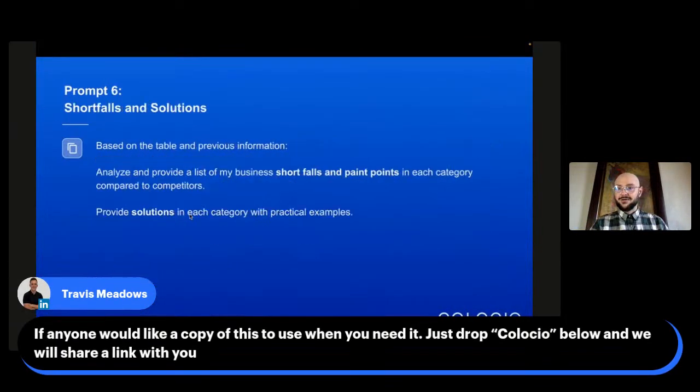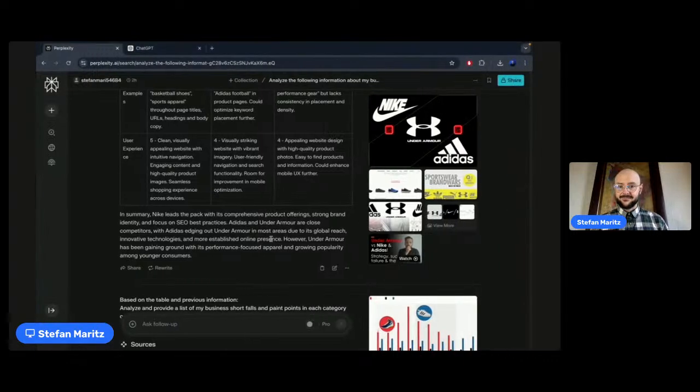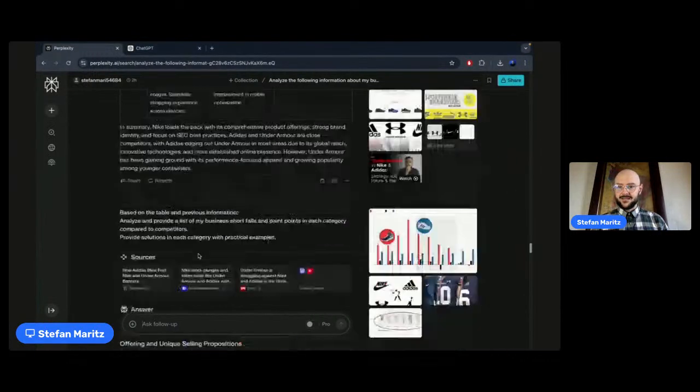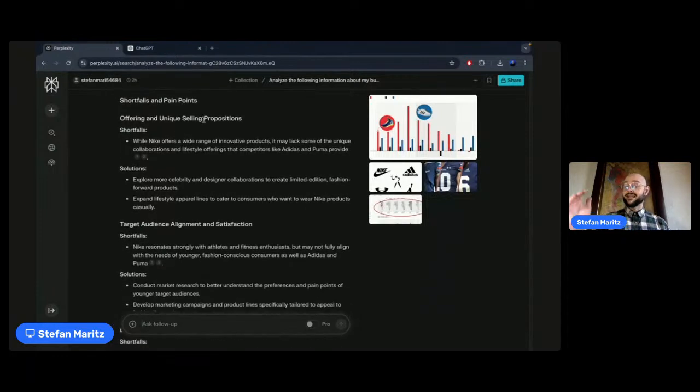And now your last step would be shortfalls and solutions. Now, AI has the context, it has the comparison, and now it's going to point out what your shortfalls are and how to fix them. So, next prompt. And here we go. Your shortfalls are offering a unique selling point. Again, this is per category, per line. So offerings in unique selling positions, may lack some unique collaboration and lifestyle offerings.